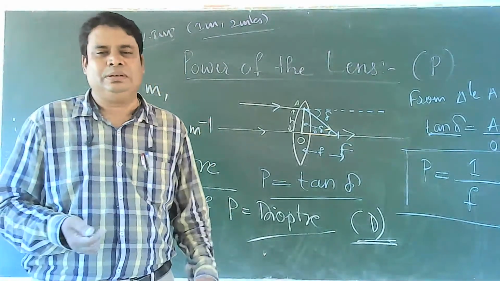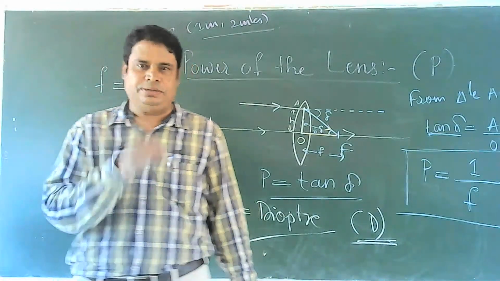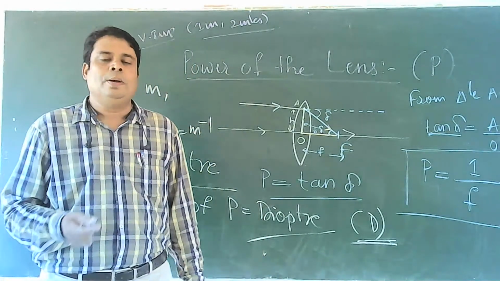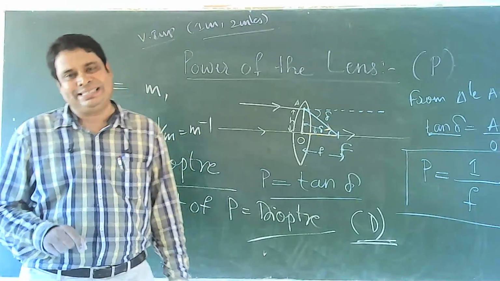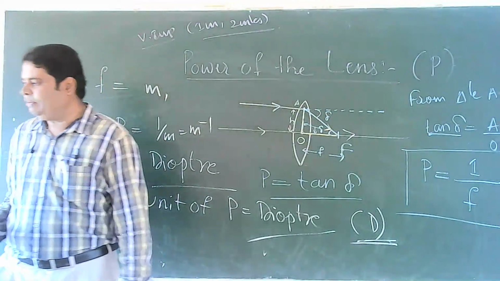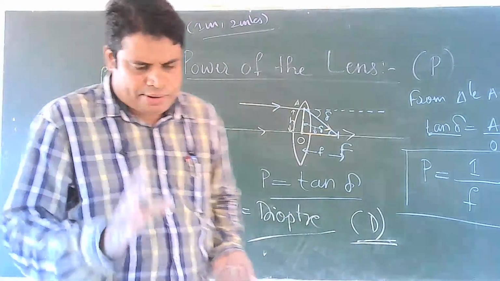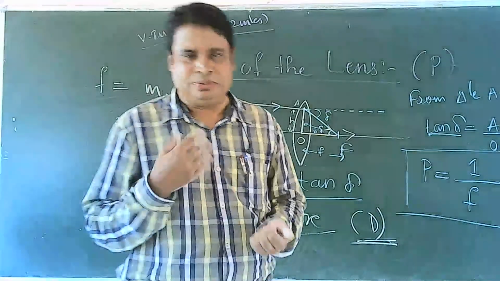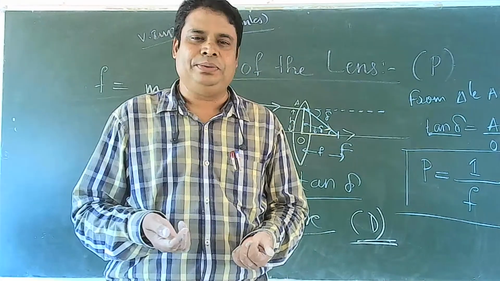What is the SI unit of power? The SI unit of power is diopter. Power of a convex lens is taken as positive, and power of a diverging lens or concave lens is taken as negative.